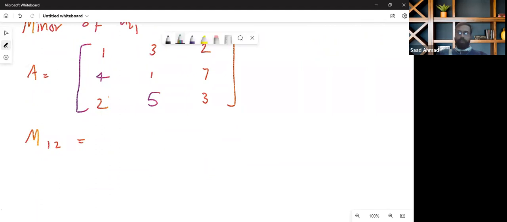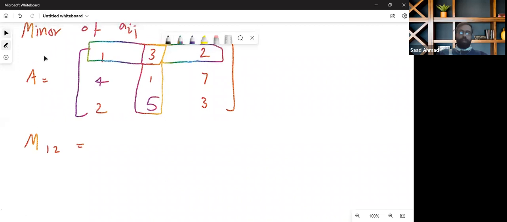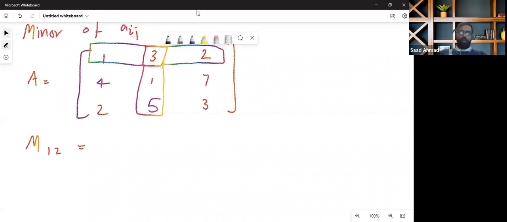So what you do, you go to this place in the matrix. Where's this entry? First row, second column. This is it. So you ignore this column and you ignore this row, and you just write the remaining. So what's left over here?